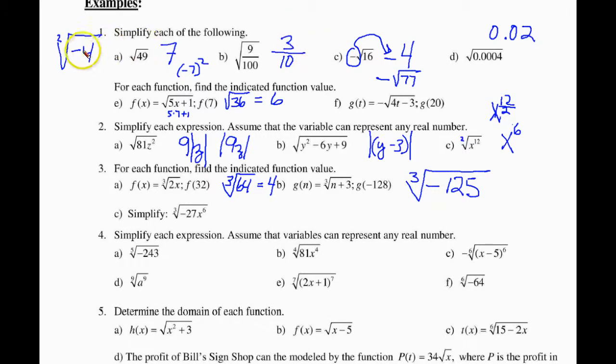So there are no two numbers that when you multiply them together will give you a negative value.